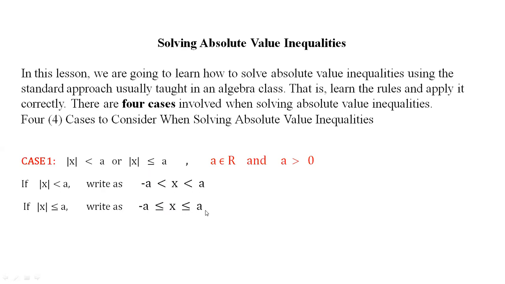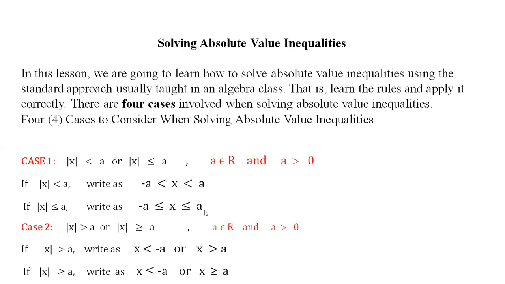Now case 2: if the absolute value of x is greater than a, or the absolute value of x is greater than or equal to a, where a is an element of the set of real numbers and a is greater than 0, meaning a is a positive number. If the absolute value of a number is greater than or equal to a positive number, what are the possibilities?